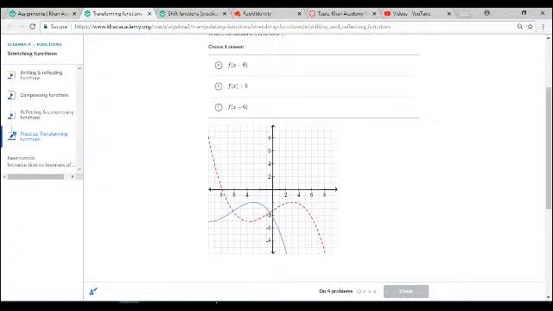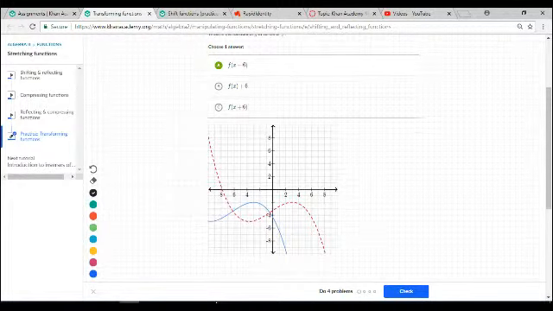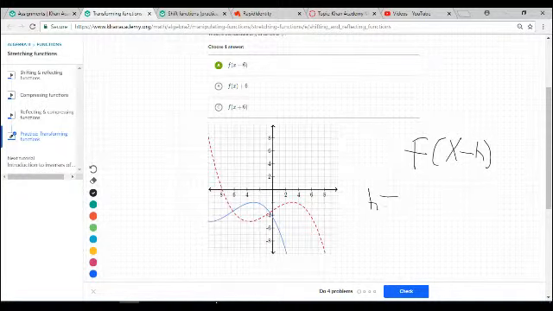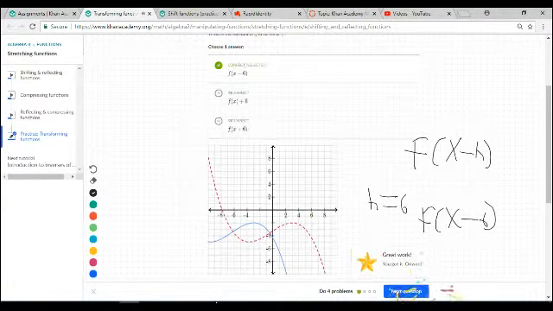So when you're going right 6, 1, 2, 3, 4, 5, 6, that's going to be f of x minus 6. If you have f of x minus h, and we're going right 6, that means h equals 6, so you have f of x minus 6. So that's the answer.